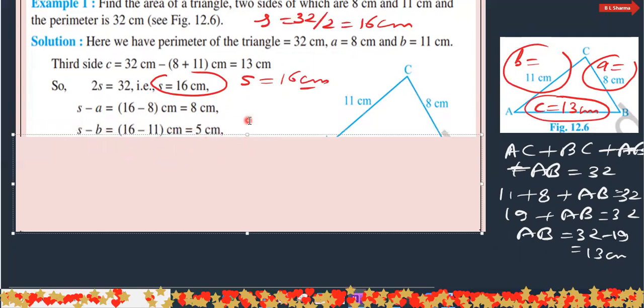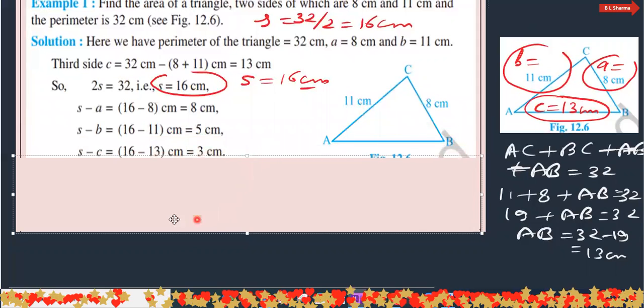So s is 16, b is 11, and 16 minus 11, that is 5 centimeter. Then we need s minus c. So s is 16, c is 13. So s minus c, that is 16 minus 13, that is 3 centimeter.